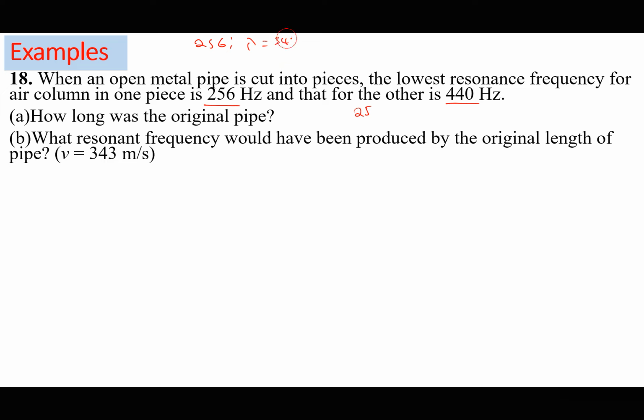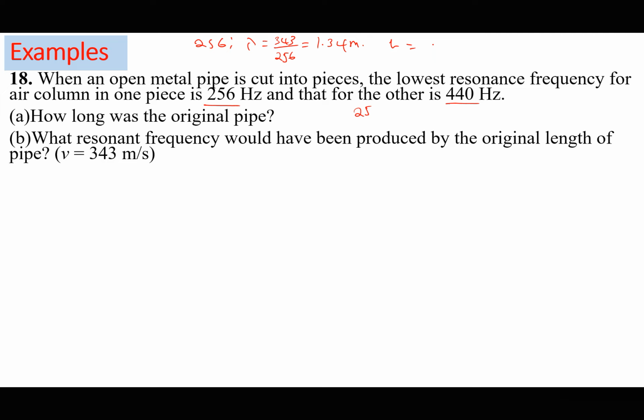V is 343 divided by the frequency, which is 256. So the first wavelength is going to be 1.34 meters.